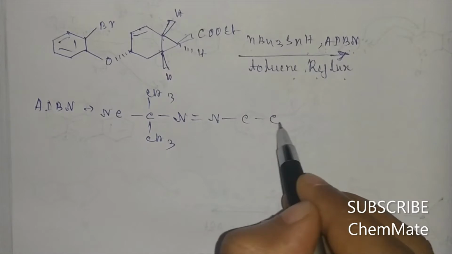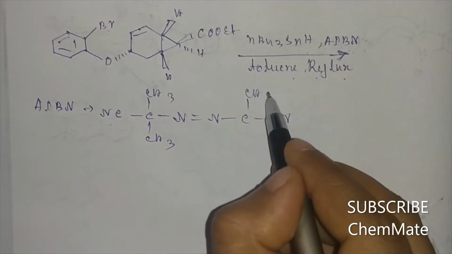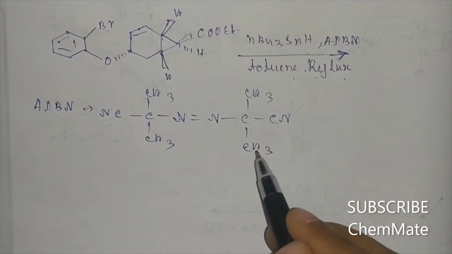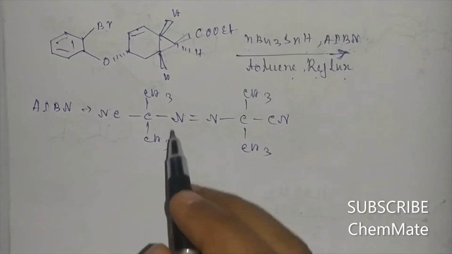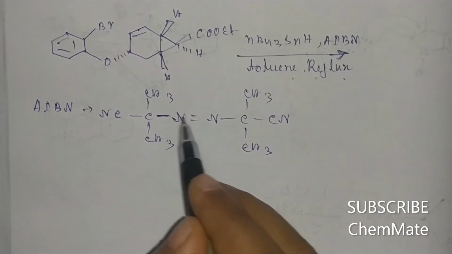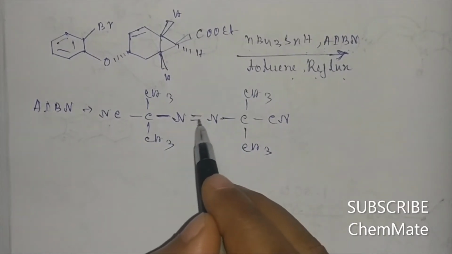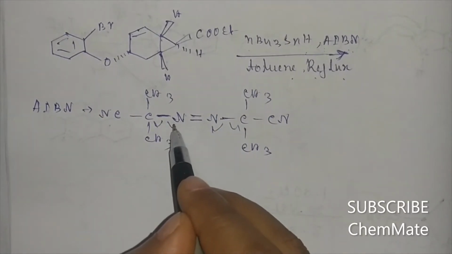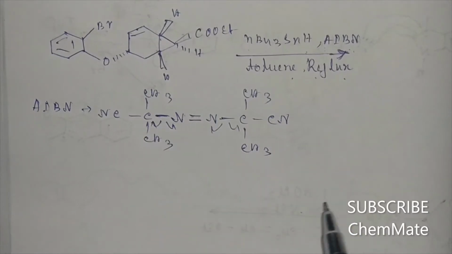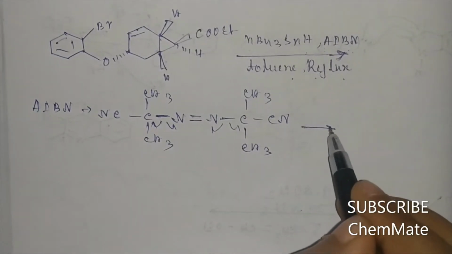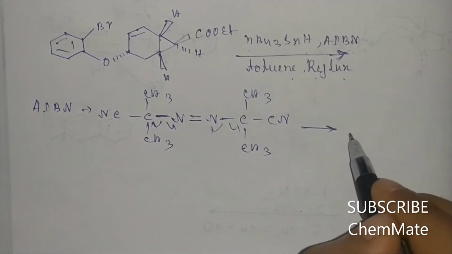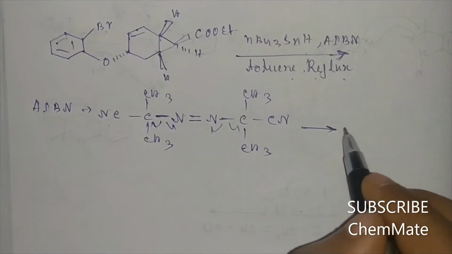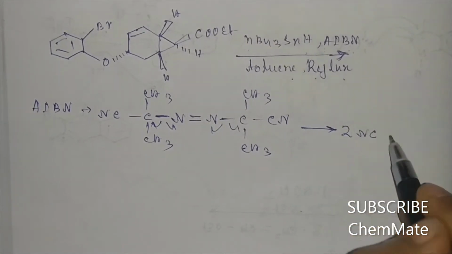This is the azoisobutyronitrile. This is a radical initiator, and as nitrogen can form here, this bond will break homolytically, and two isobutyronitrile radicals will generate.